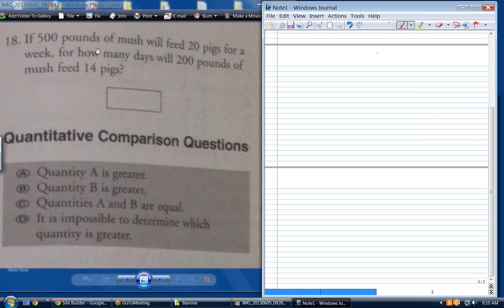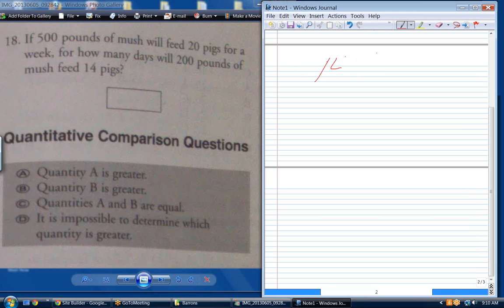They're asking for a week, and they ask how many days. So we definitely are going to have to convert to one or the other. Since they're asking for a number of days, let's convert this week to 7 days. Okay. So 500 pounds of mush will feed 20 pigs for 7 days.